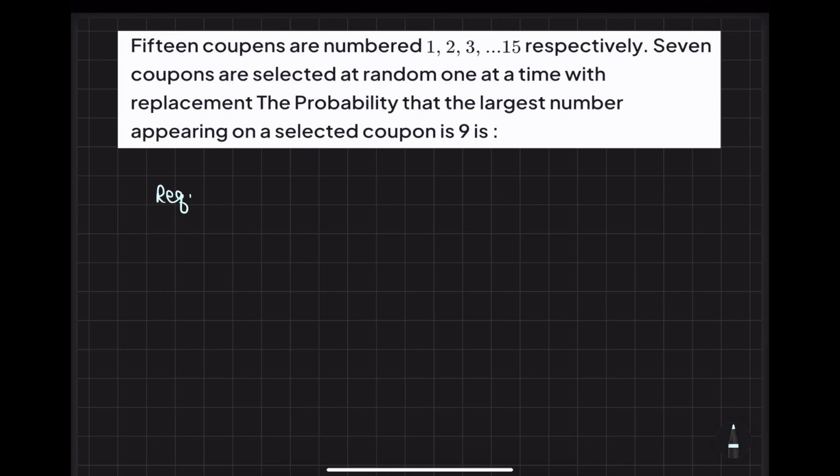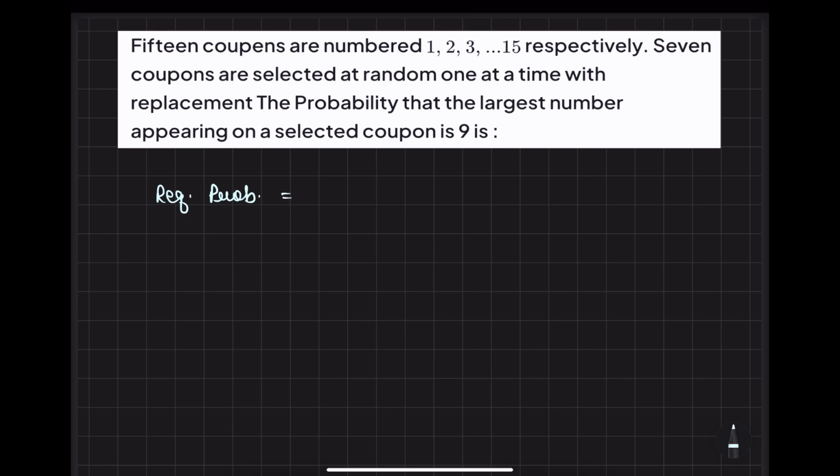So the required probability would be, first, I will suppose I am allowed to select 1 to 9: 1 2 3 4 5 6 7 8 9. So I'll select only those. I will assume that I'm selecting those.